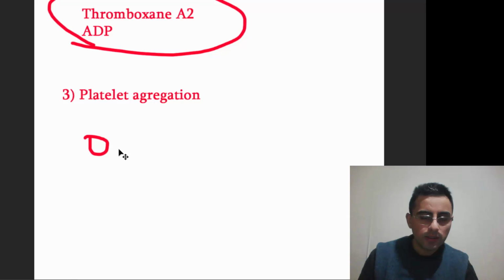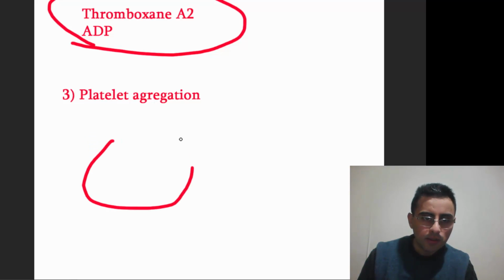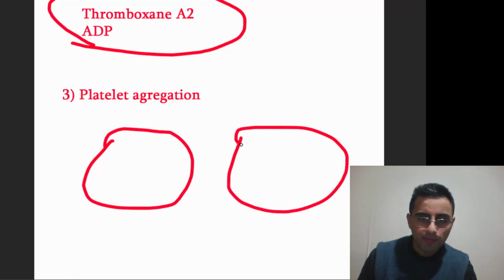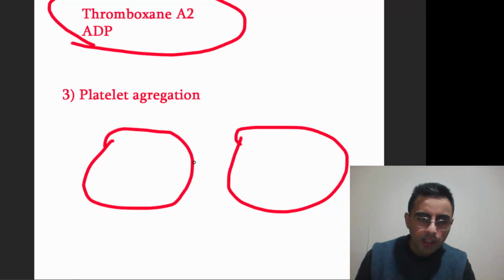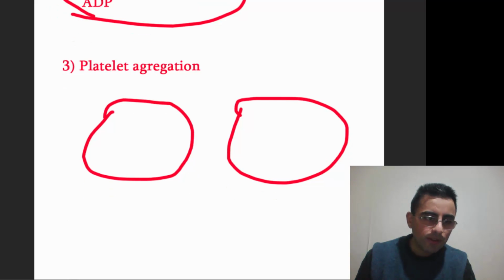Let's paint it. One platelet and another platelet. These platelets need to stick together, and for this connection fibrinogen is needed.